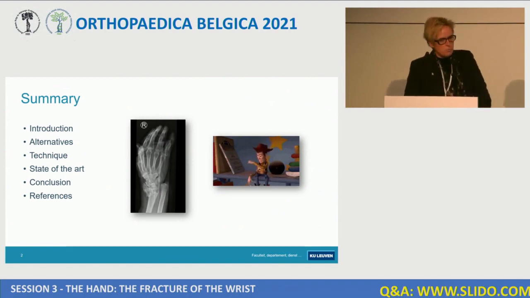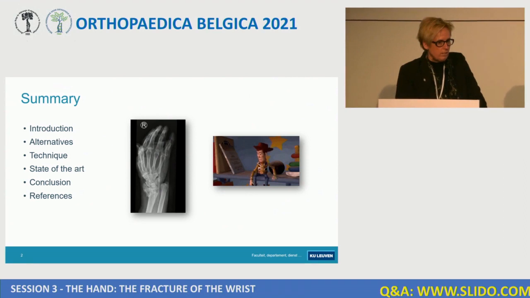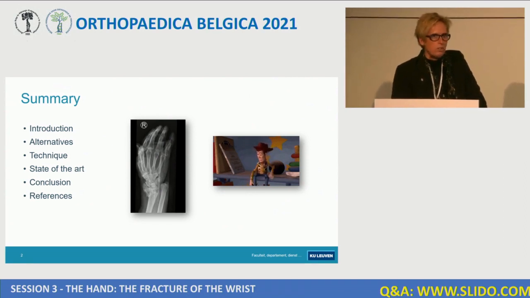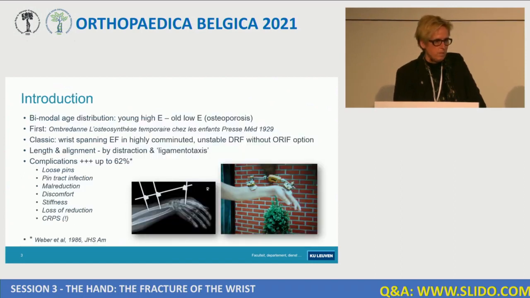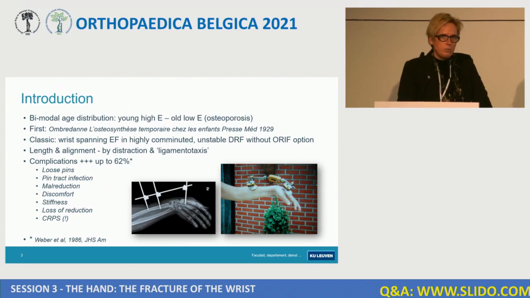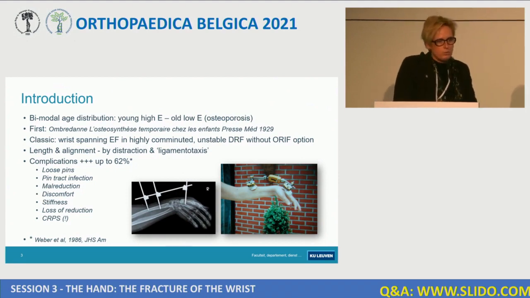I do admit that it is tempting, if we see a fracture like this, to consider external fixator, probably to a lot of people present here or looking online today. It was first introduced in between the two world wars for children by Ombredan to have a temporary osteosynthesis.